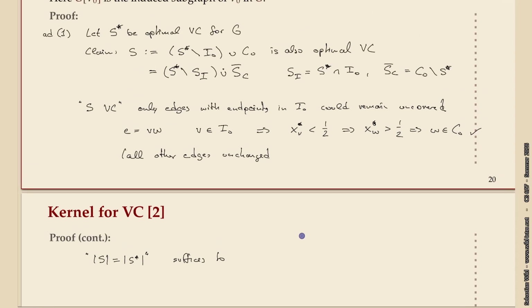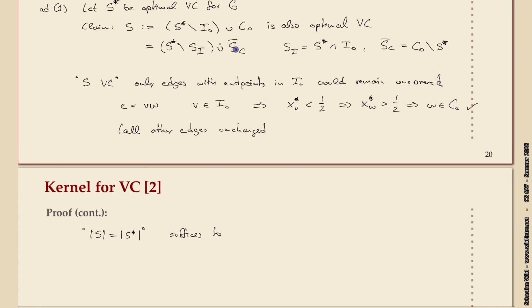And the way we've rewritten our construction for S, so here, the dot above this union means disjoint union. It's just a way to express that I know that the two sets will be disjoint. There's no notation for disjoint set difference, but if there was one, it probably would be a backslash with a dot above. I don't know, right? So what I'm saying here is this is also a disjoint set difference, which means, I mean, this is of course nonsense. A set difference for disjoint sets wouldn't do anything, but we're not.